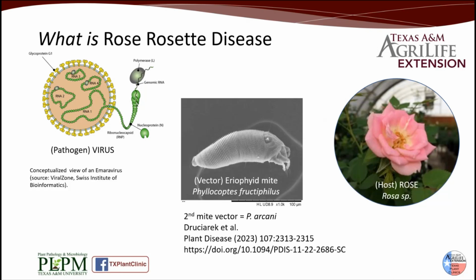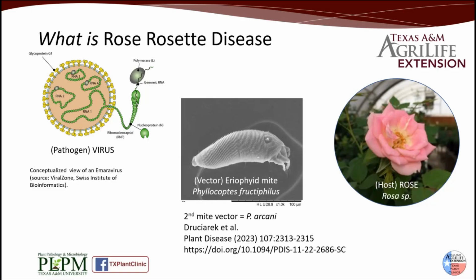Now, to throw a wrench in this, in 2023, Tobias de Sierra had a paper published and reported on a second mite vector, Phyllocoptes arcani. Depends on who you talk to. Some say that's a true species. Others say it is a sport of Phyllocoptes fructiphilus.